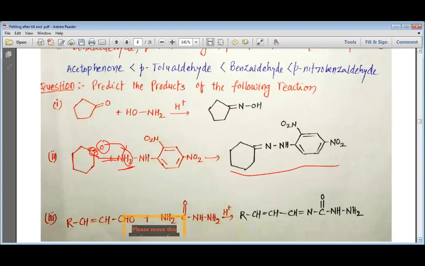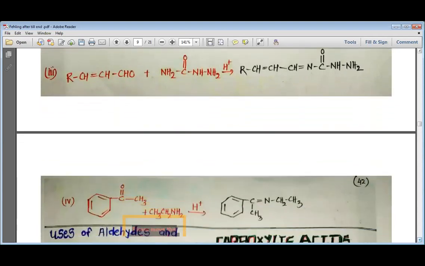Same way, my dear students, this is what we have studied about the addition of ammonia and its derivatives to the carbonyl compound. You can see there is an unsaturation here, but here we have the carbonyl compound present. This carbonyl compound, my dear students, simply combines with this nitrogen with a double bond. So here there will be a double bond between this carbon and nitrogen.